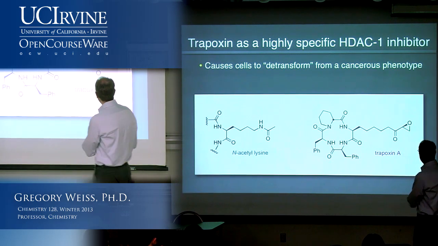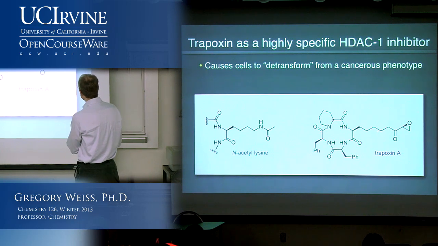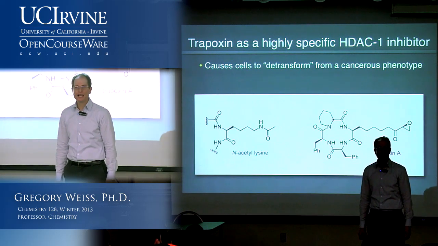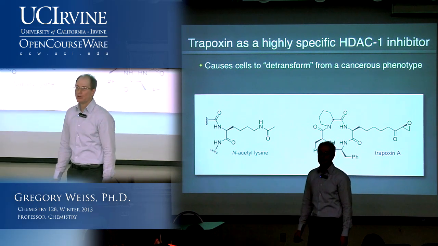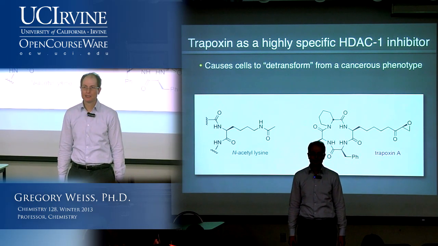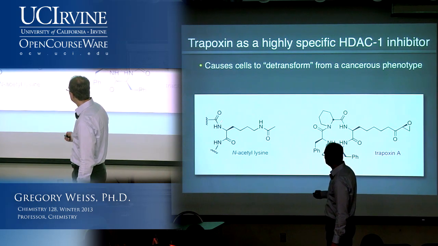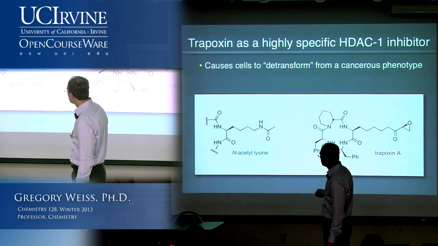Here's the N-acetyl. And then here's Trapoxin, which looks remarkably like this acetyl-lysine, right? These look very, very similar. Maybe a slightly different number of carbons, but very similar. And so this is one possible way to design inhibitors of enzymes, which is to mimic the substrates. This is the starting material for the histone deacetylase, the enzyme that chops off this acetyl group.